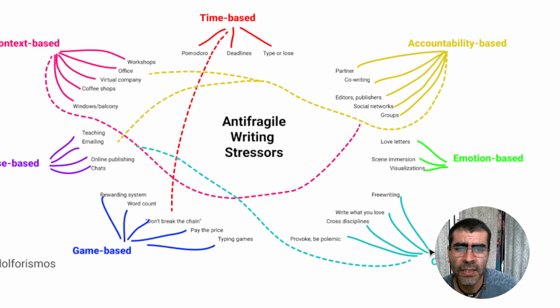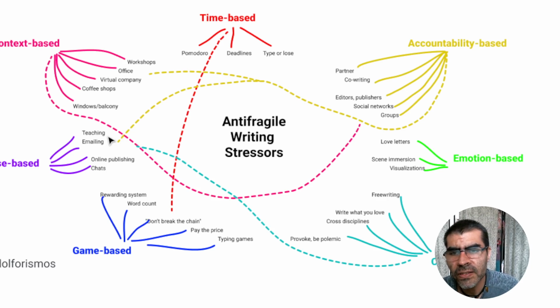Or, for example, content-based are about topics that you can write and you are better at writing, but they can be very connected with the kind of writing that you use. For example, for teaching, you are going to use a very teaching style, a very pedagogical style to explain things better. So that can also be content-based, even if you are not going to give a class or a course, you still can write as if you are going to do it.